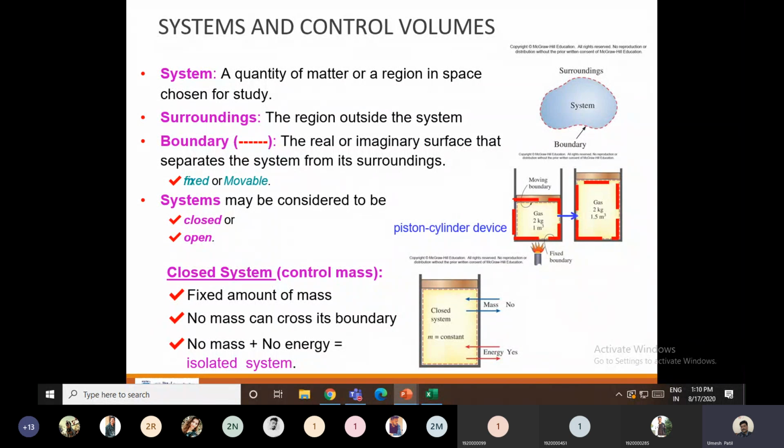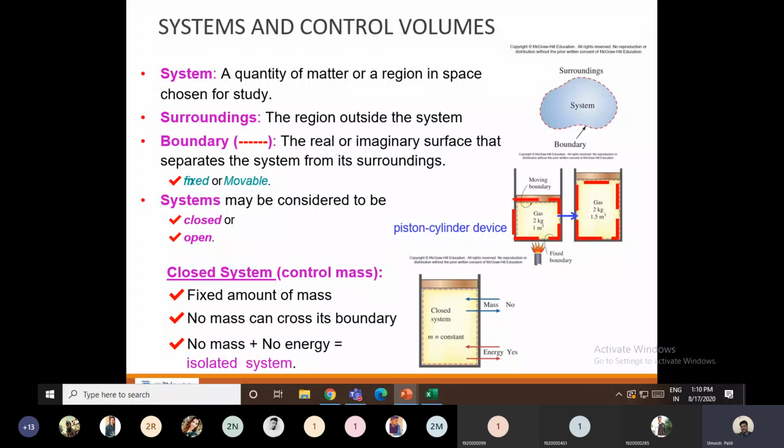Now let's come to the next part, types of systems. Systems are generally classified into two types: control mass and control volume. Control mass means the mass flow is controlled, means the mass will not move out from the boundary of the system.